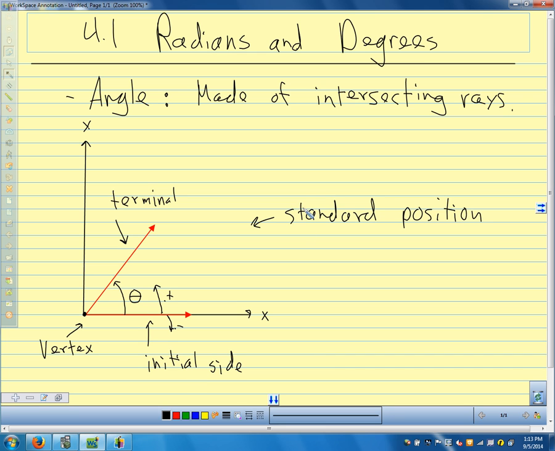The quadrant of the angle. So we have an angle in standard position. Sometimes you'll get questions about the quadrant of the angle. Quadrant of the angle is asking us or telling us where is the terminal side. So if we have an angle in standard position, they say it's a second quadrant angle. That means the terminal side is in the second quadrant.